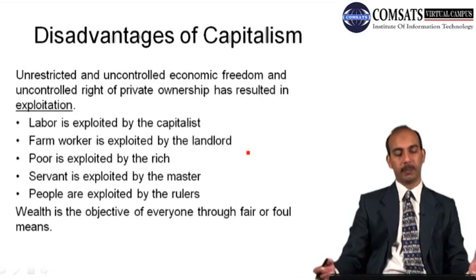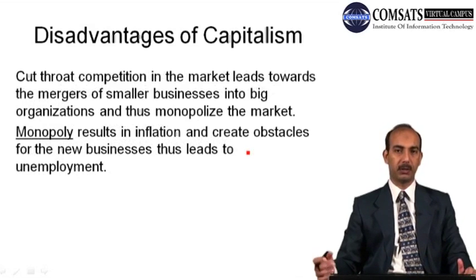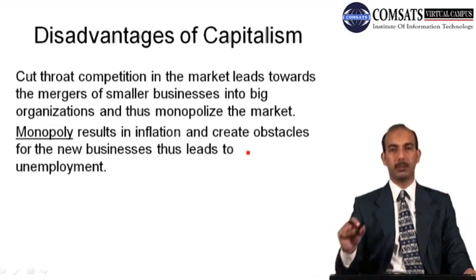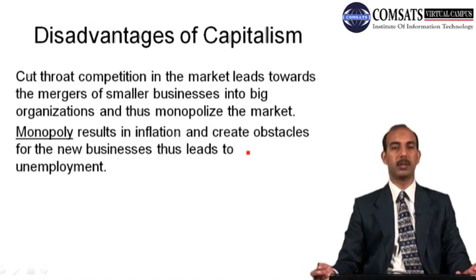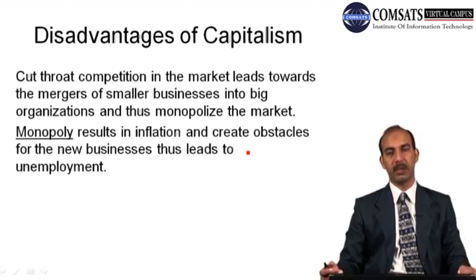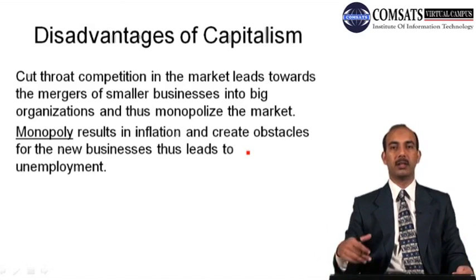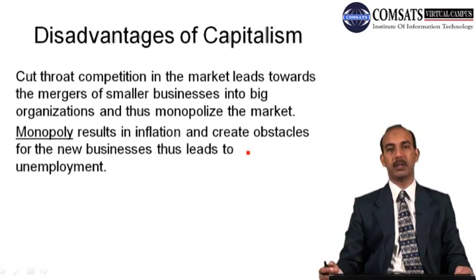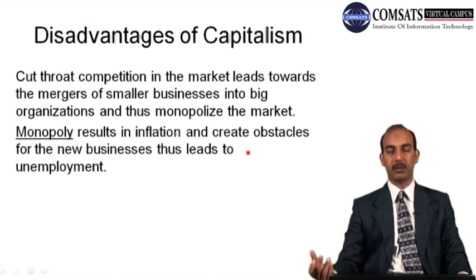Monopoly is also one of the disadvantages in a capitalist society, where small businesses can't compete with the big businesses. So what they do most of the time is, the small businesses merge together to become a bigger organization. And when there are so many big organizations operating in the market, they monopolize the market, because they can achieve economies of scale, they can manufacture the products at the least cost, and then they can sell them in the market at minimum profits as well.